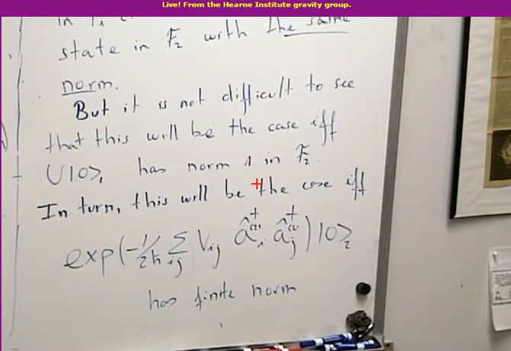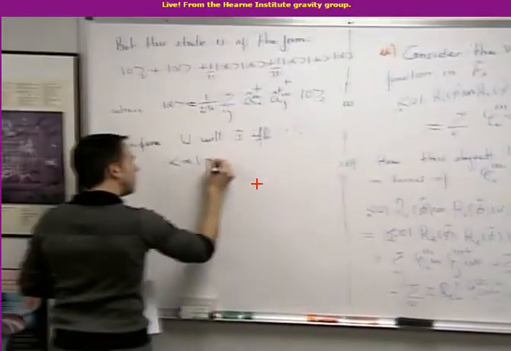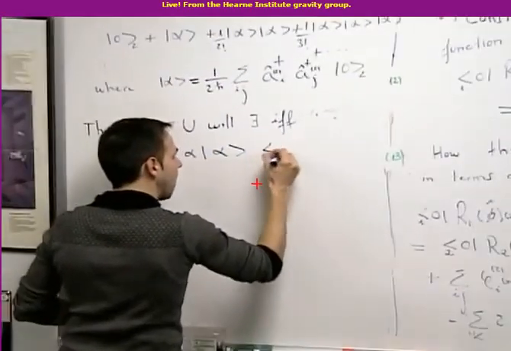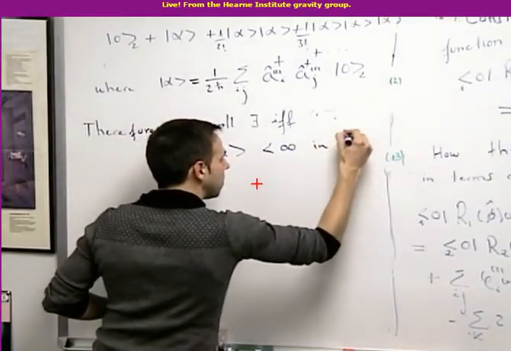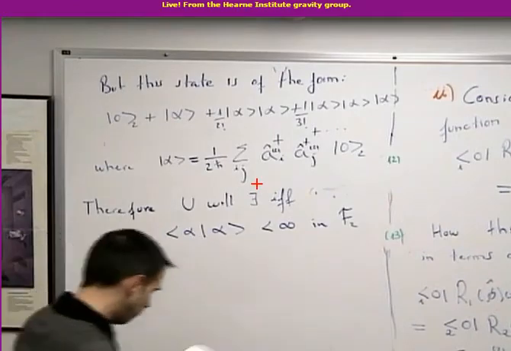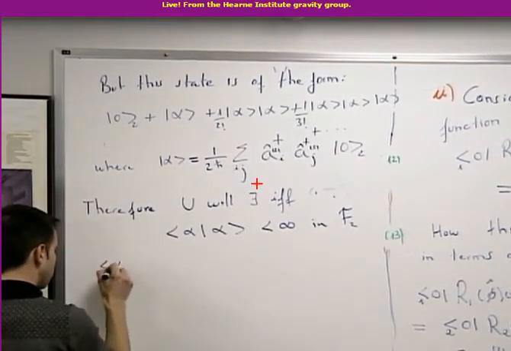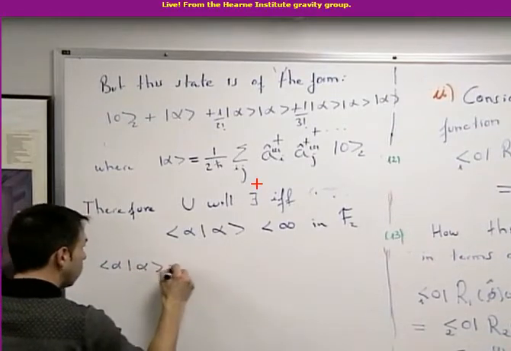So, therefore, U will exist if and only if the norm of alpha is finite in the Fock space 2. This is what we have to prove. So we can compute what is the norm of alpha.